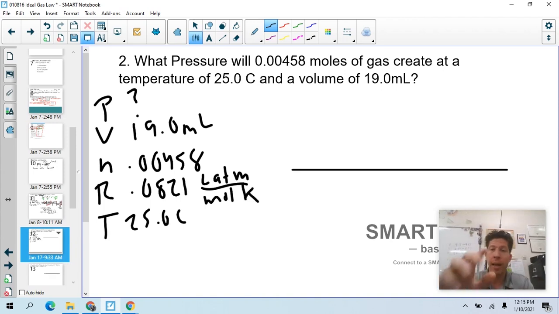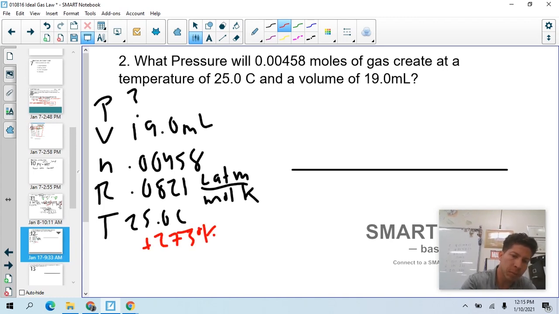Guys, you probably caught this already, but they gave me a temperature in Celsius. I need to make sure that's in Kelvin, so I'm going to add 273 to that, right? If I do that, your temperature becomes 298.